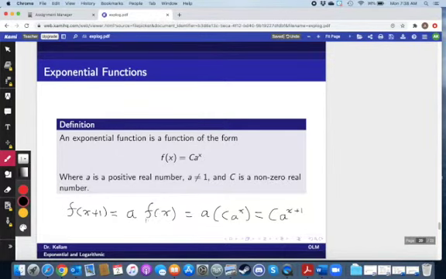In this situation, a is the base, and another way we can word it is the growth or decay factor. C represents our initial value.